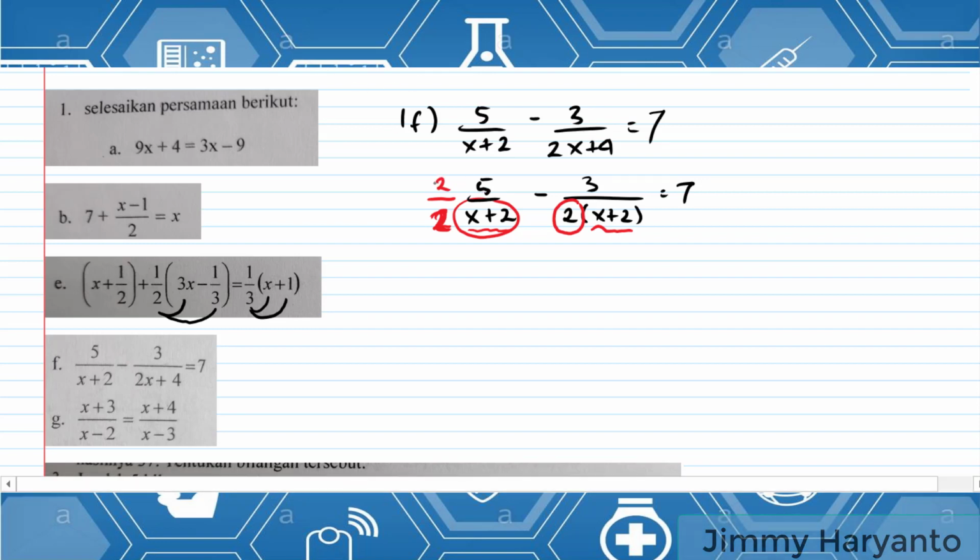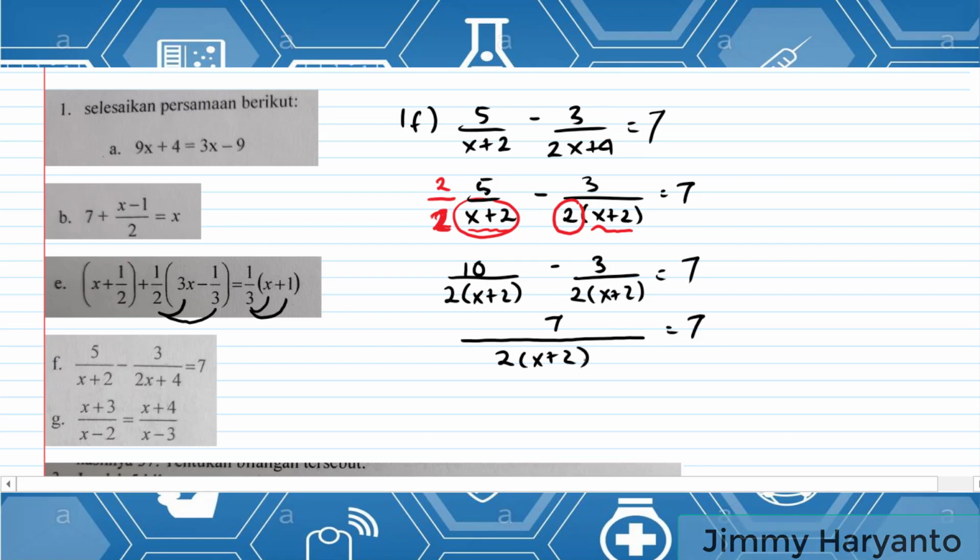So the numerator will be 2 times 5, become 10 over 2 in the bracket (x plus 2). This one will be 3 over 2 in the bracket (x plus 2). Look at that, the denominator is already the same. We can minus them. 10 minus 3, 7. 2 in the bracket (x plus 2) equals to 7.